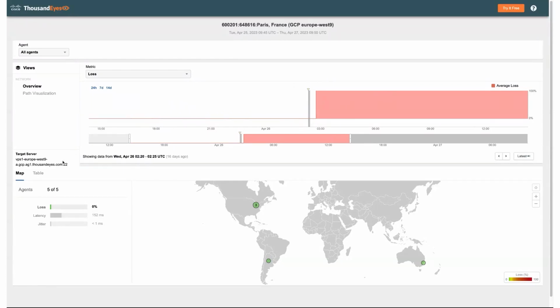Essentially, this is an agent-to-agent test, as part of which we are testing traffic bidirectionally between the agents that are probing the target agent, and the target agent in this particular case was the enterprise agent hosted in the West 9A GCP availability zone.